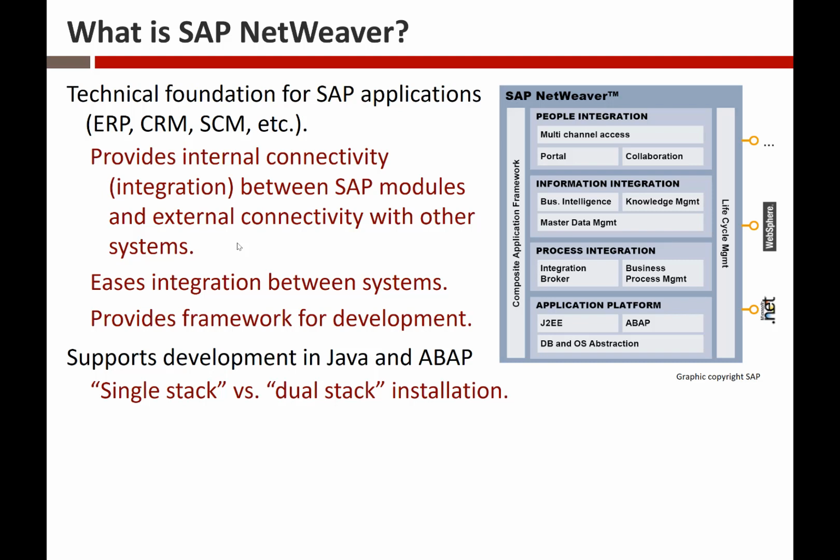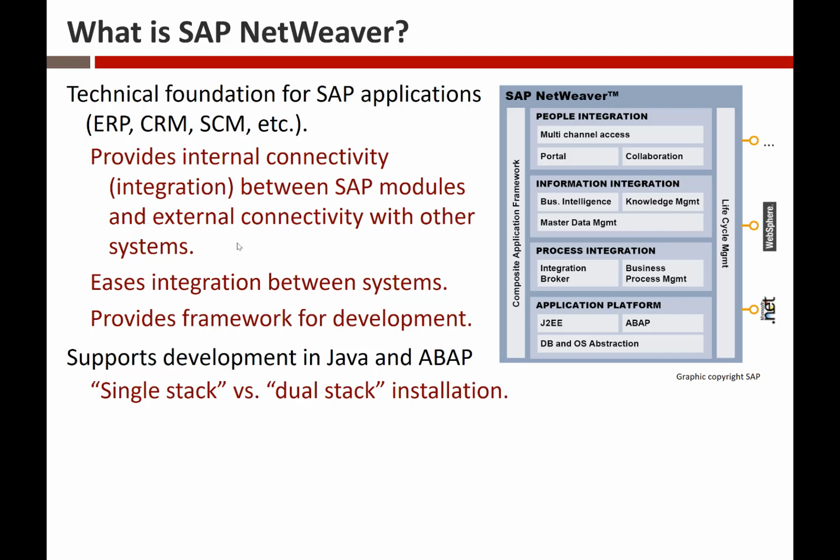Well, companies can run either what is called a single stack installation or single stack implementation or a dual stack installation. If you run a single stack installation, you can delete the J2EE reference here.